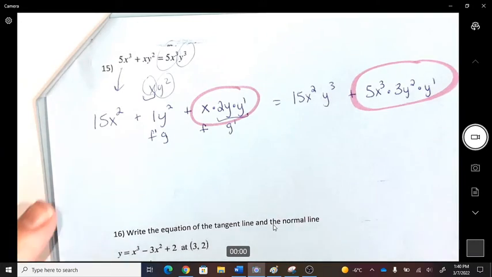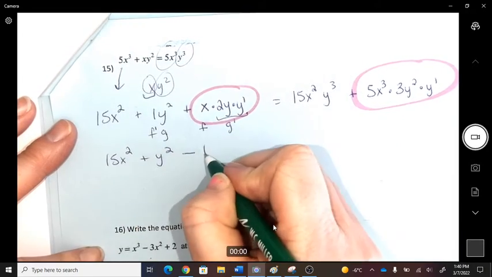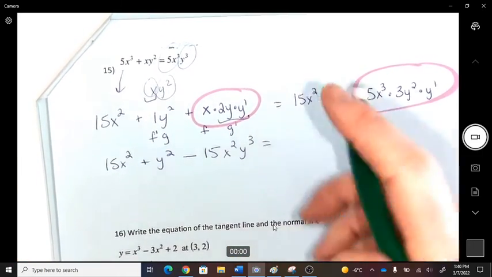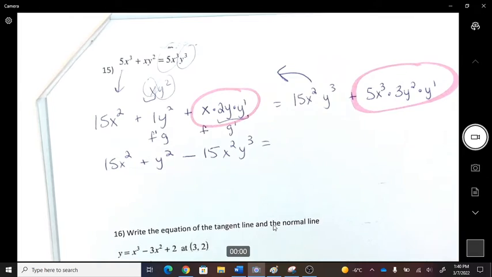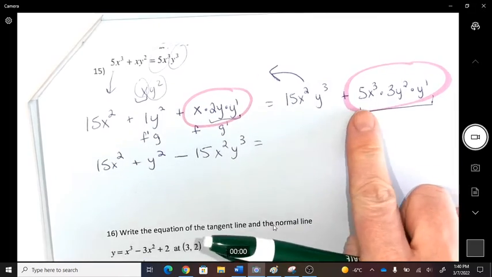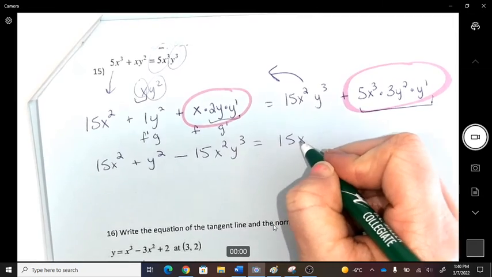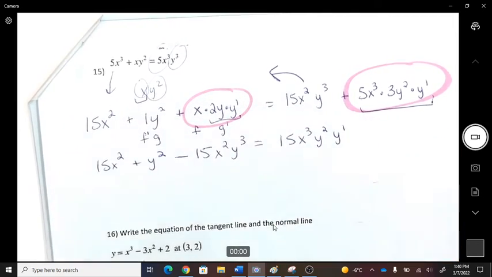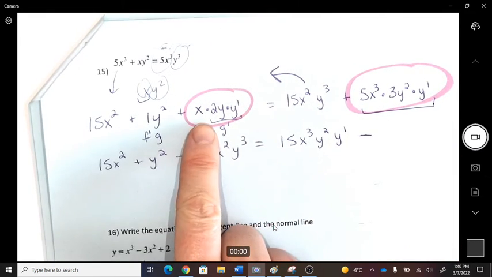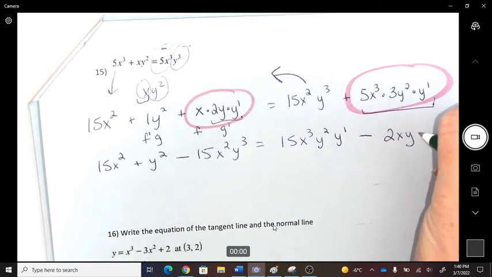So those need to go on the same side of each other. So I'm going to go 15x squared plus y squared minus 15x squared y cubed. So I moved that. Okay, are you okay with me making this number 15? Because there was a 5 in there and a 3 in there. So this is going to go 15x cubed y squared y prime. Subtract, because I'm going to move this, 2xy y prime.